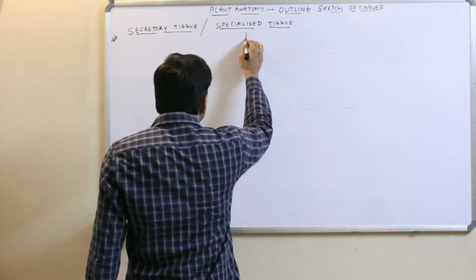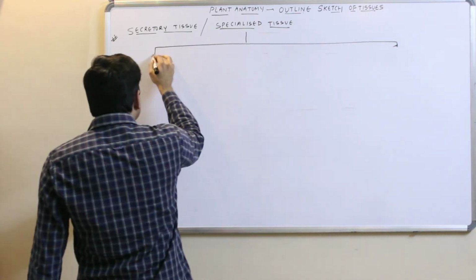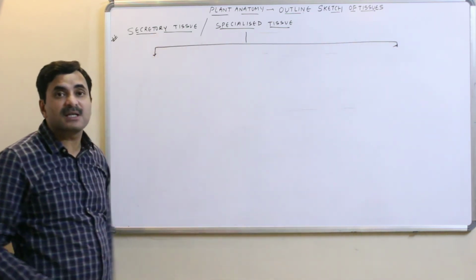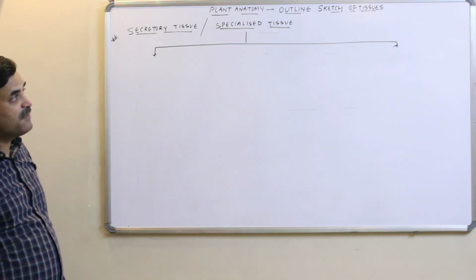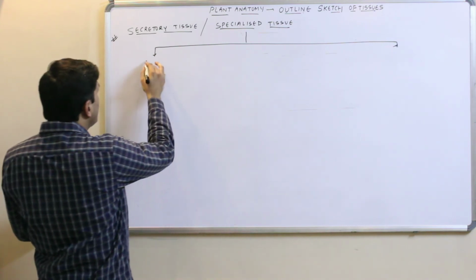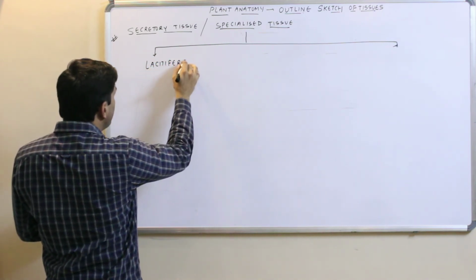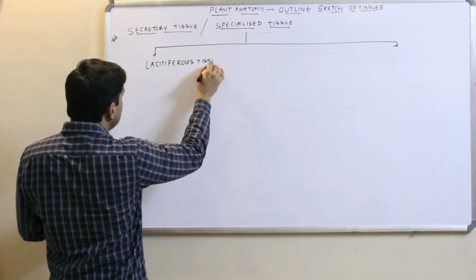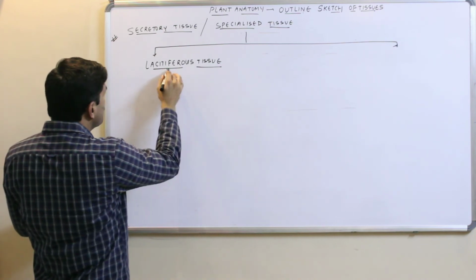Now this secretory tissue or specialized tissue has the function of secretion, as the name indicates. And this secretory tissue is classified into two categories. One is known as the lactiferous tissue. Why is it called lactiferous tissue?